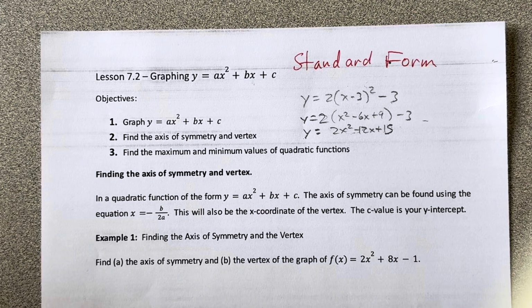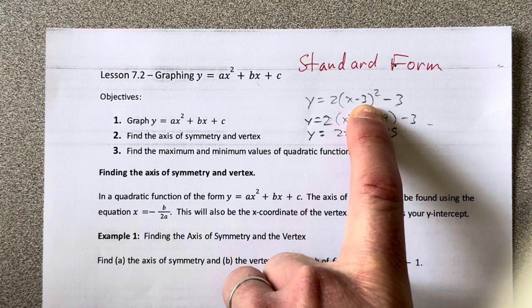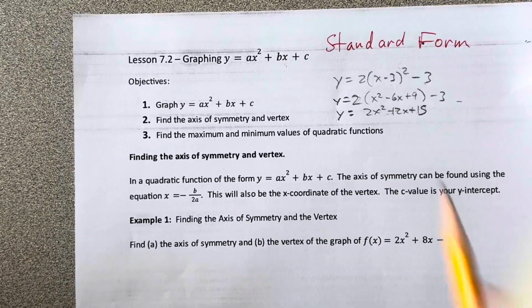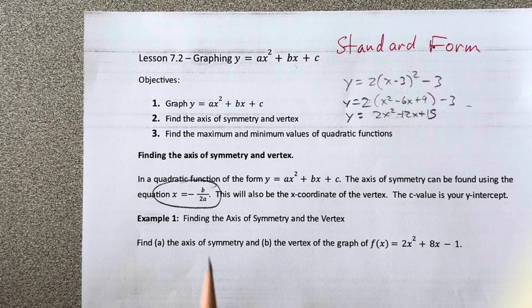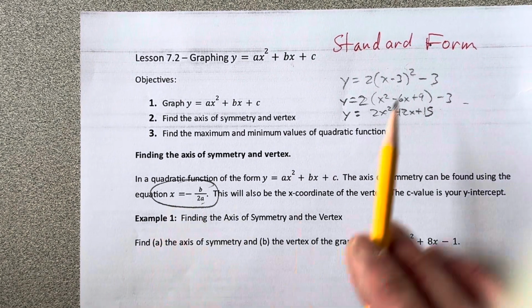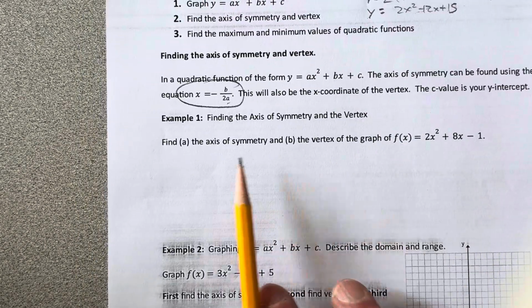Somebody figured out that if you're in standard form, you can actually find out how much it's been shifted left and right. You can find the axis of symmetry right away. So that's cool. You can use this formula right here to find the x value of your vertex. So let's practice that.